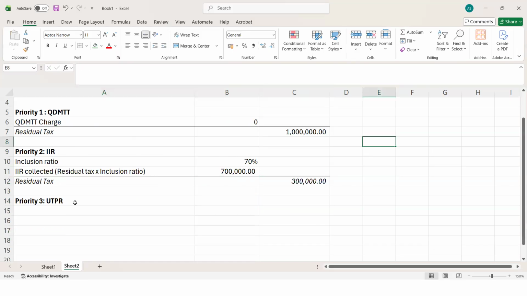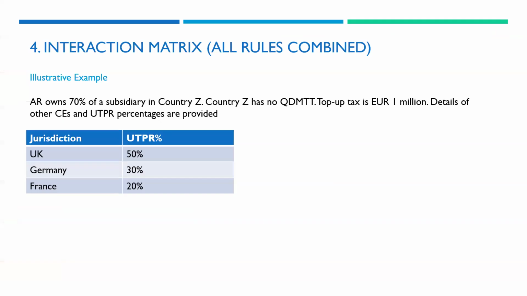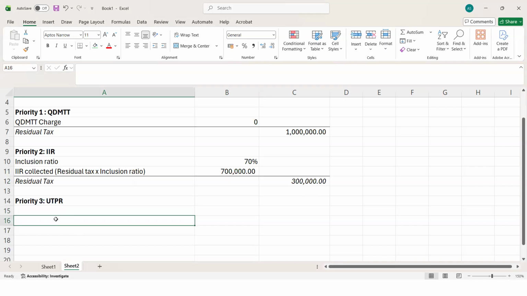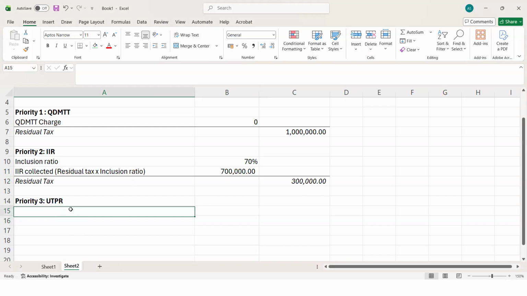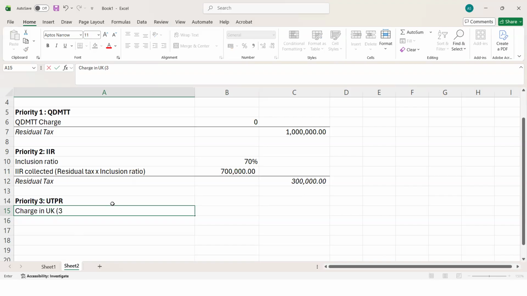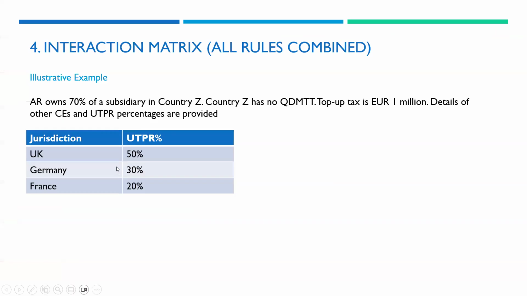Now for UTPR, we need to split this 300,000 in three. We have been given the UTPR percentages and it is 100%. So first, UTPR charge in UK is what? 300,000 into 50%. They have given the UTPR percentages, right?